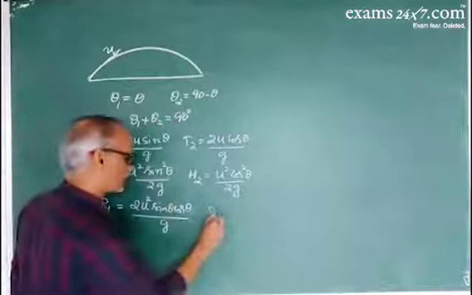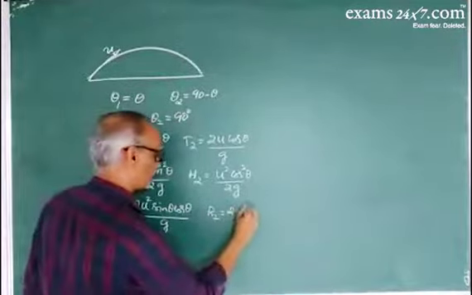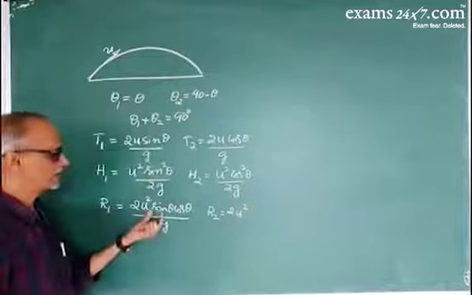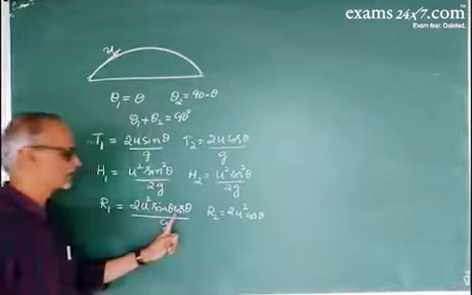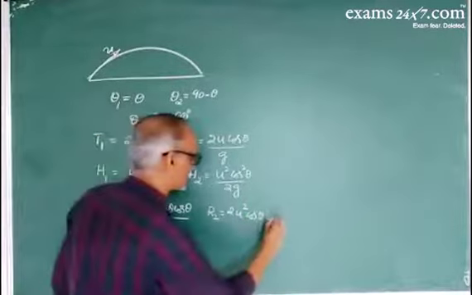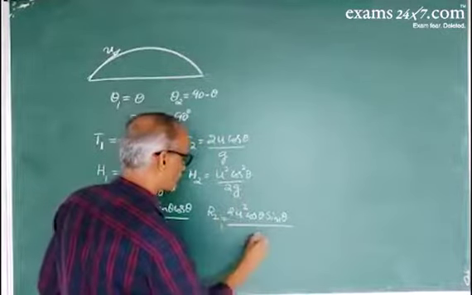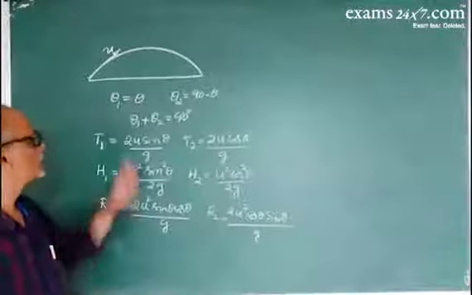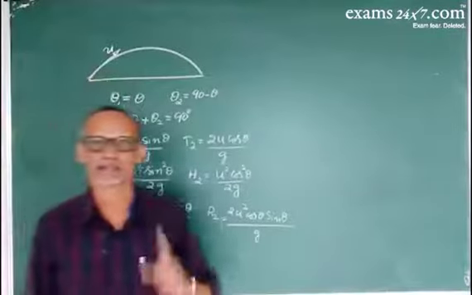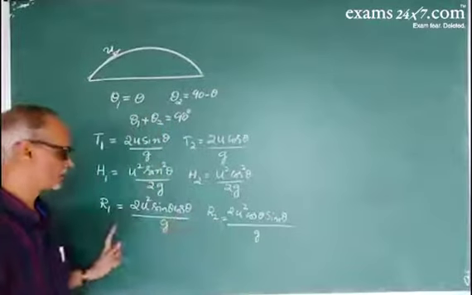For the second one, it is 2u square sine of 90 minus theta, which becomes cos theta, and cos of 90 minus theta becomes sine theta, by g. So what we notice in this equation is that even though they are projected with the same velocity at different angles, the ranges are the same.